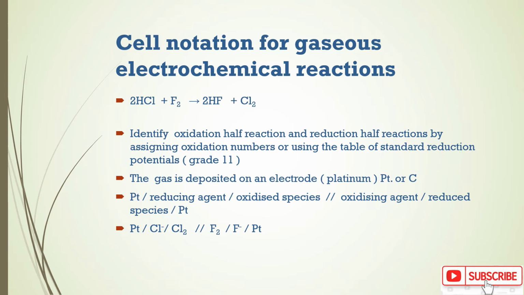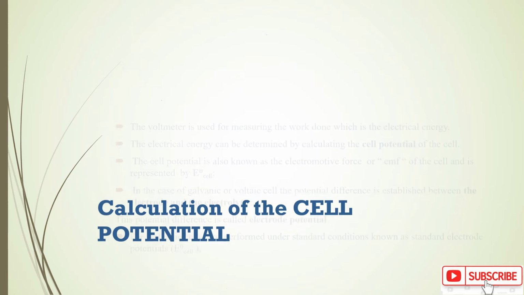What is important is that the gas is deposited on the platinum. Platinum, diagonal line, chloride ions oxidized into chlorine gas, salt bridge indicated by 2 parallel lines, fluorine gas, diagonal line, fluoride ion: fluorine gas reduced into fluoride ion. Then we have a diagonal line, platinum.